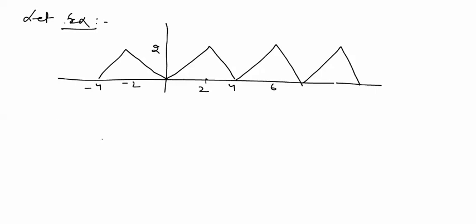We want to calculate the Fourier series for this by comparing with the previous triangular waveform. How does it come?